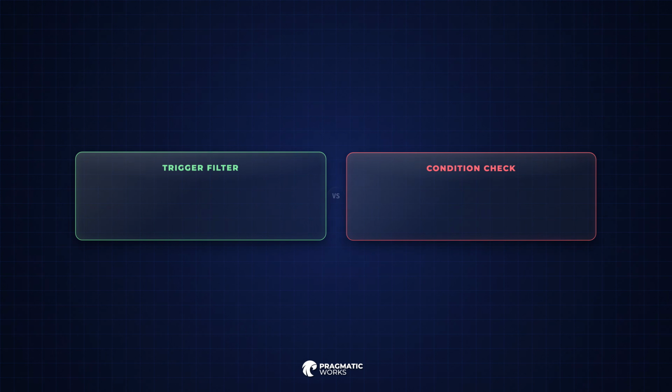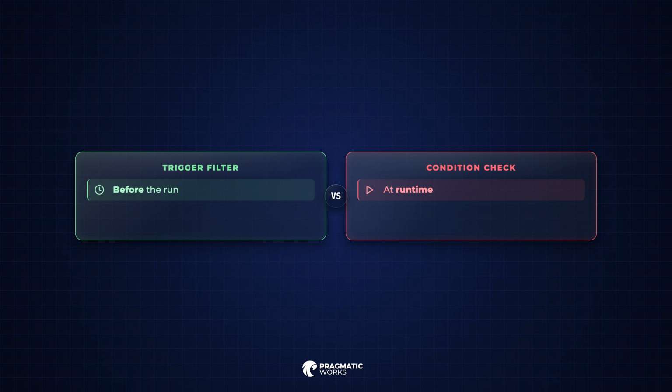Listen, Power Automate's not broken. This is an easy fix. The trigger filter is evaluated before the flow runs, right? Using the trigger's built-in metadata. But in a condition, you're comparing whatever value Power Automate outputs at runtime. And sometimes that value isn't really formatted exactly like you expect.